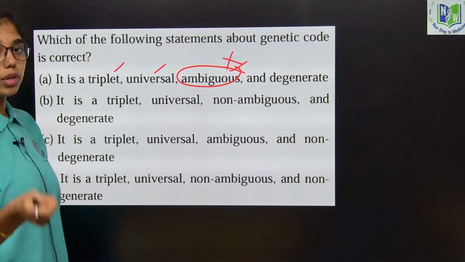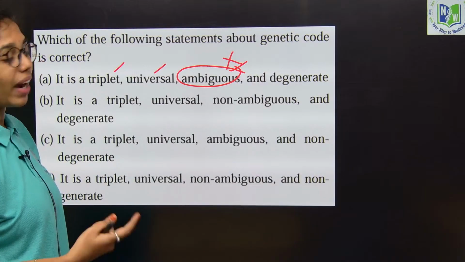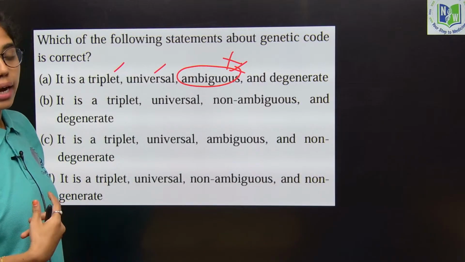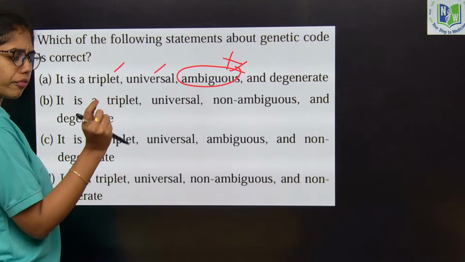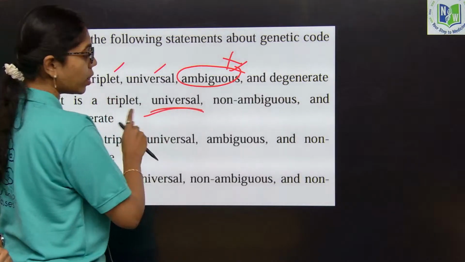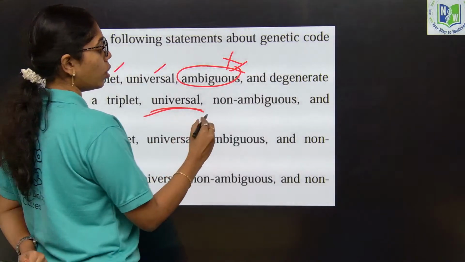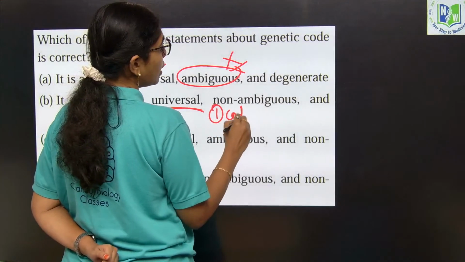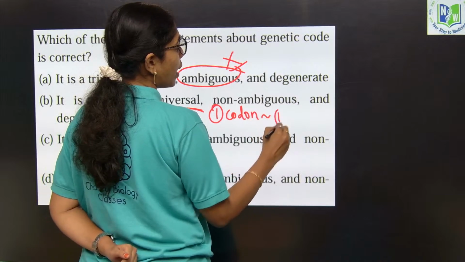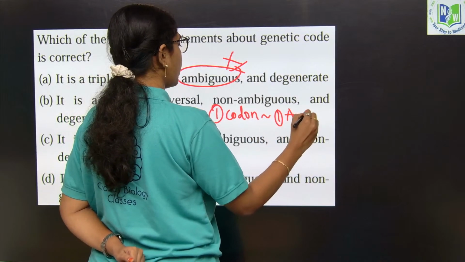Of course, there are few exceptions with respect to mitochondria and protozoans, but genetic code is universal. And non-ambiguous: one codon is specific for one amino acid.